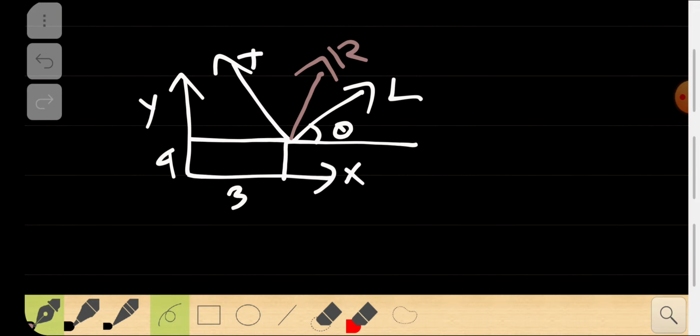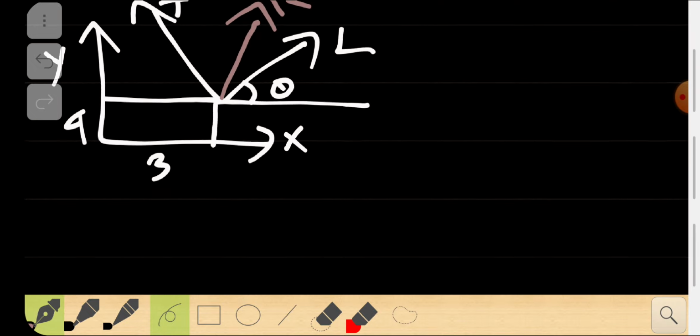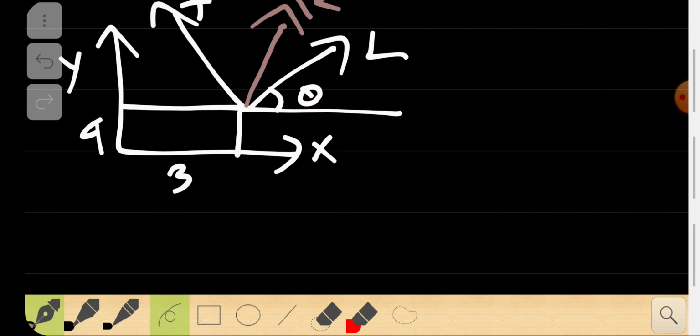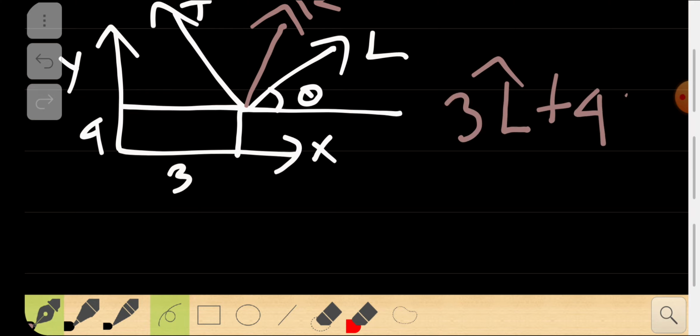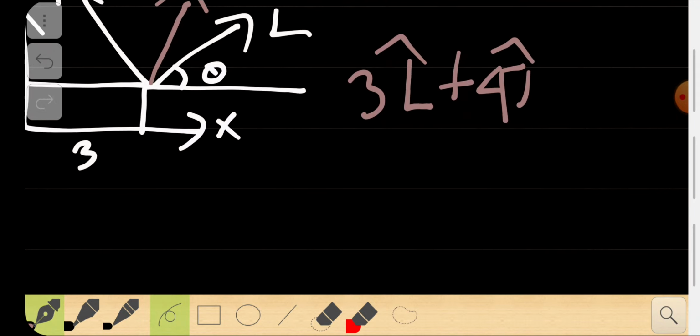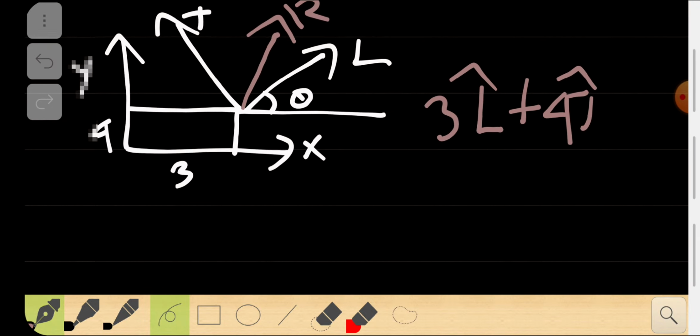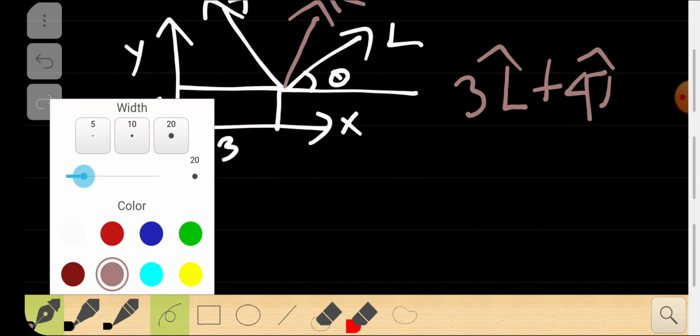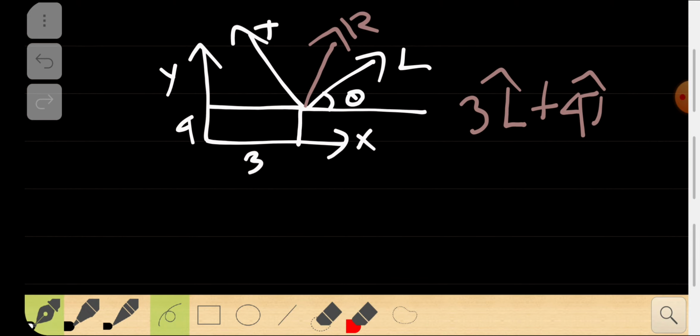So if you have the same equation 3l cap plus 4j cap, all you need to do is introduce this system as, say, x, where the origin has now shifted.